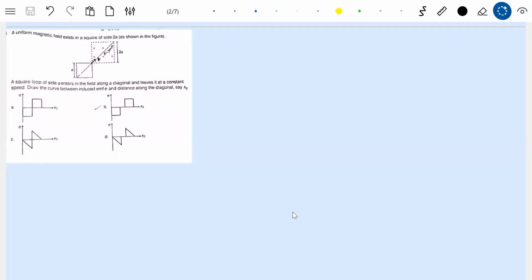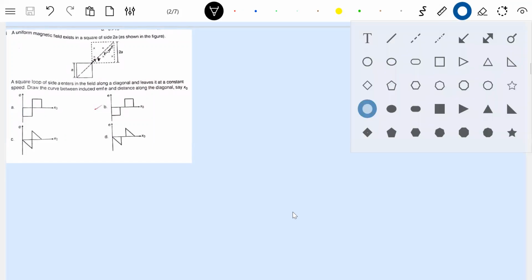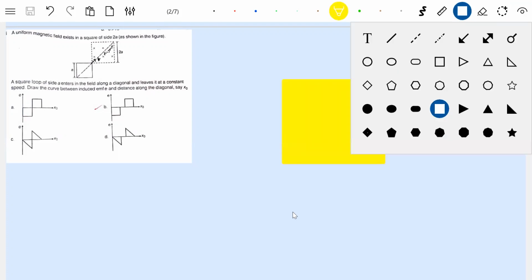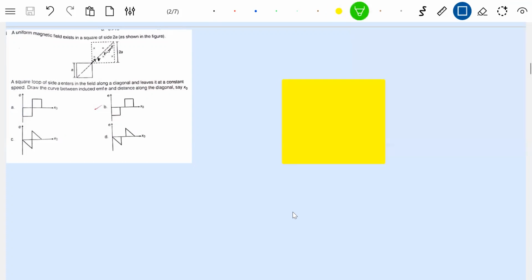There is a square loop. The magnetic field region is there. This will be much easier for me.